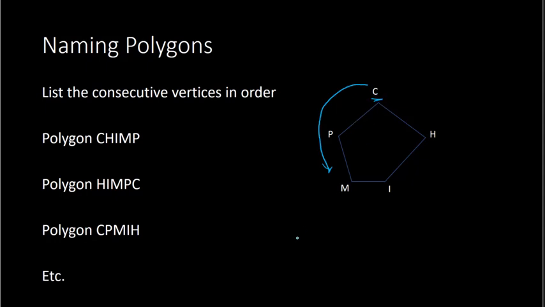For example, what would not work would be C, and then I, and then MPH, because you're not going in order, you are jumping over to the I, and then doing the M, P, and H. So this would not work. As long as you're starting at a point and then going in either direction, we can name this polygon any of these different ways.